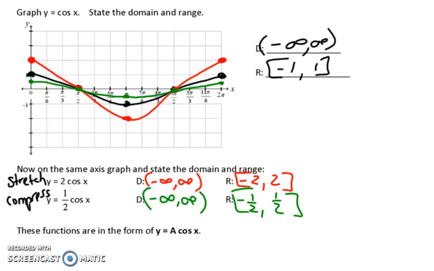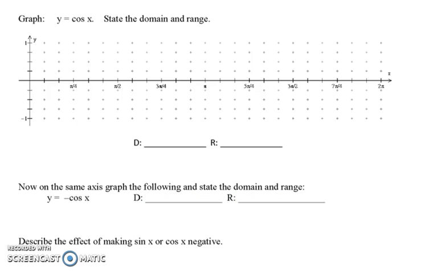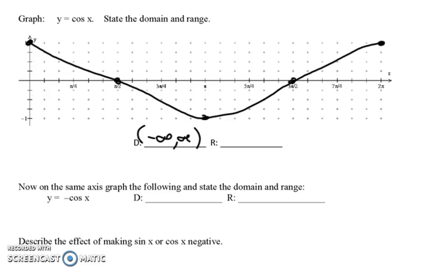Now let's take a look at what happens with the direction change. Again, let's start with our parent graph. If we're going to do a direction change, instead of starting at 1, it's a reflection across the x-axis, so now we're at negative 1. We're still at (pi over 2, 0).